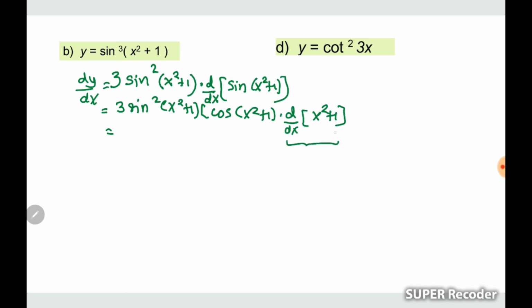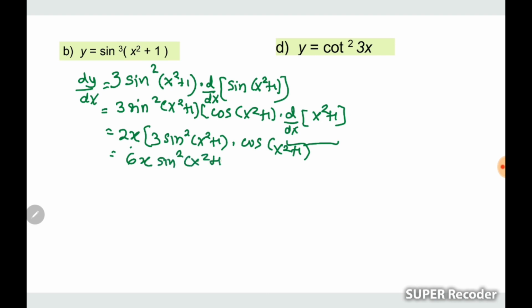Okay, I will bring the answer in front. So 2x multiplied with 3 sine squared of x squared plus 1 multiplied with cos of x squared plus 1. So the answer is 2 times 3, 6. 6x sine squared of x squared plus 1 cos of x squared plus 1. Okay.